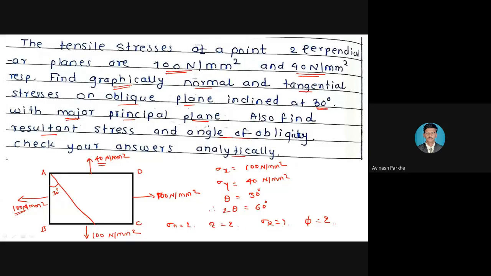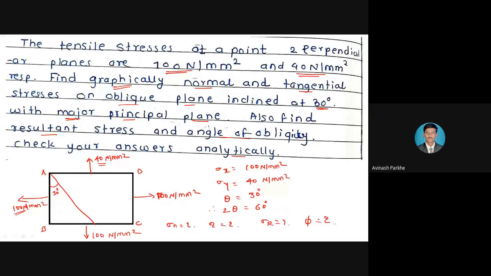Now according to this figure and this statement, is this problem under case number 2 or case number 3? Yes, it is case number 2, because the body is subjected to biaxial stresses, meaning one stress is applied in the x direction and another in the y direction.